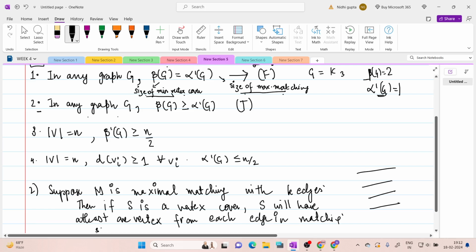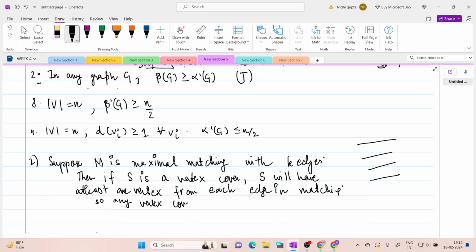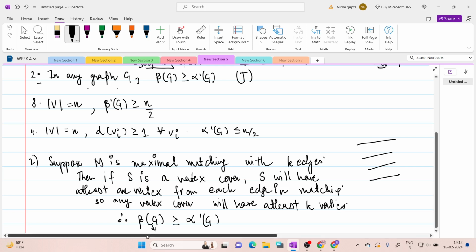So any vertex cover will have at least k vertices. Therefore, beta G is greater than or equal to alpha dash G. This is the size of the minimum vertex cover. So the minimum vertex cover is also a vertex cover, and it should have at least k vertices. So is it clear why 2 is true?